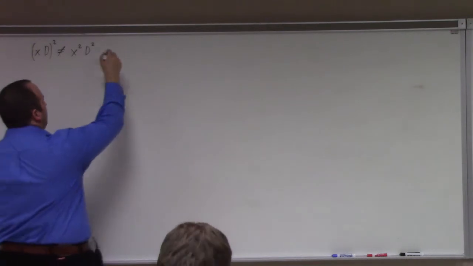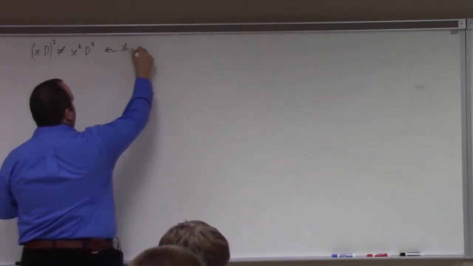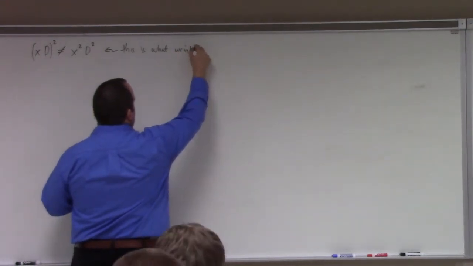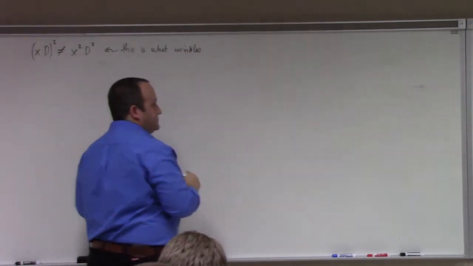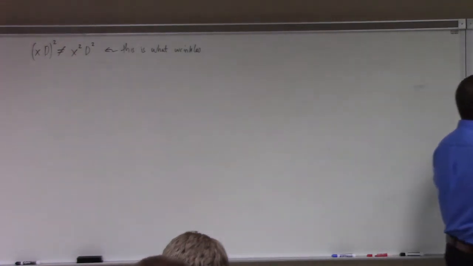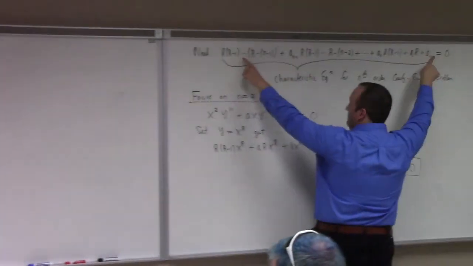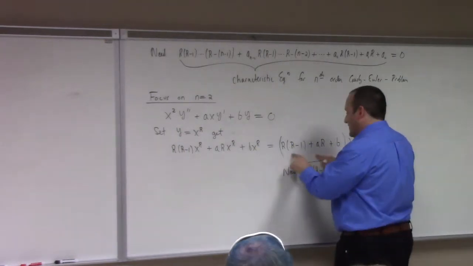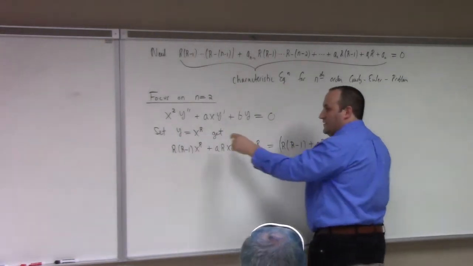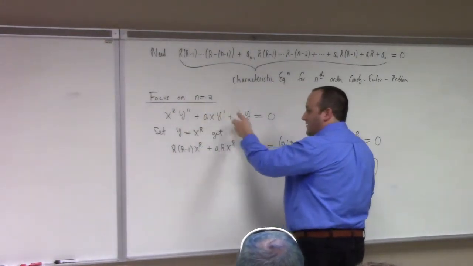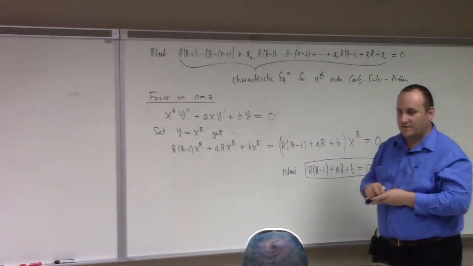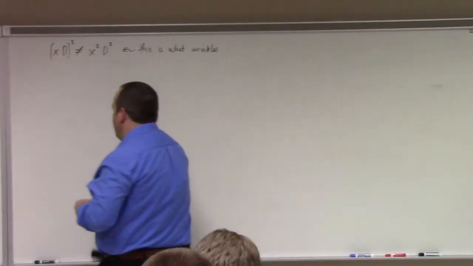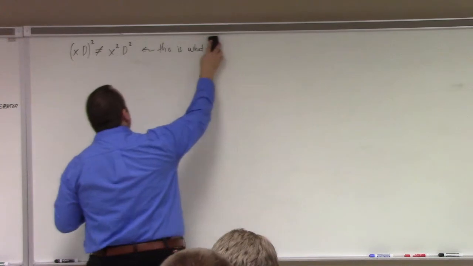So this is what wrinkles. I mean, that's essentially why we have this way more complicated characteristic equation. That's what causes the characteristic equation not to just be the simple thing, you know, r squared plus a r plus b. That actually is kind of the reason behind it in some sense. But again, I'm trying not to talk about this, so let me stop talking about it.